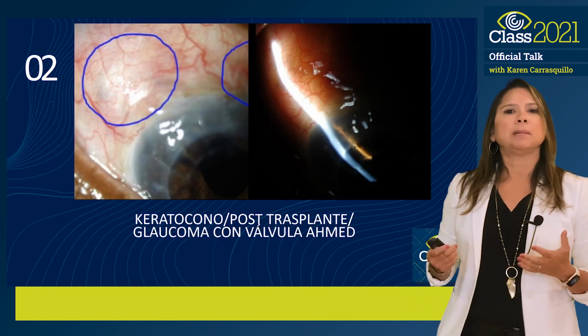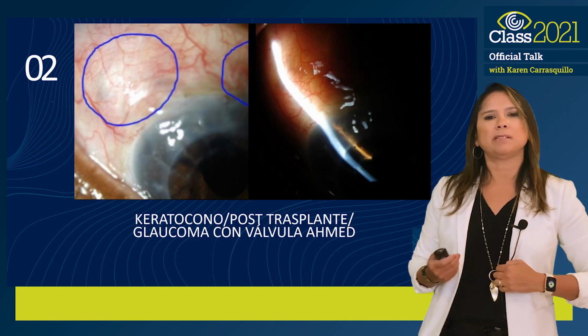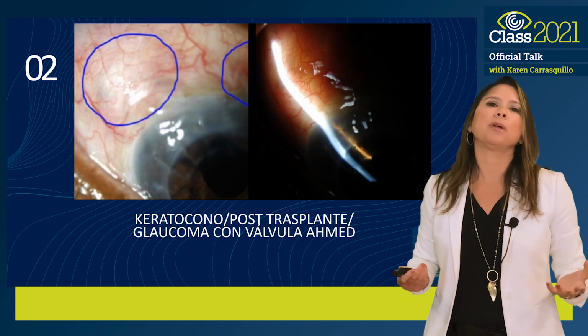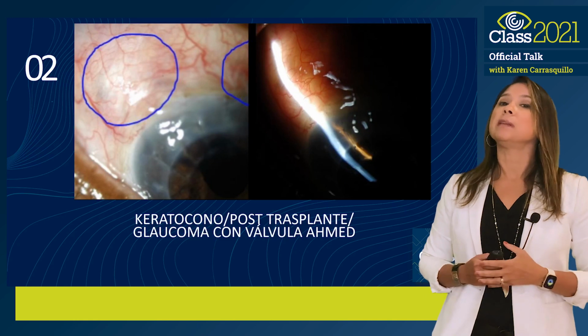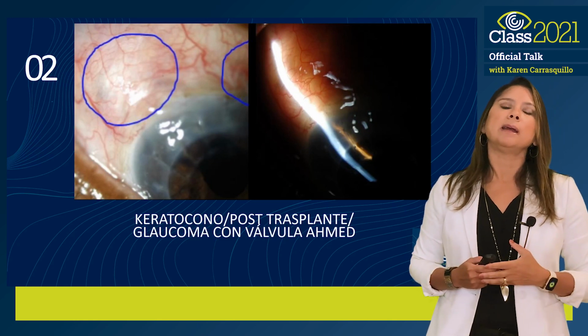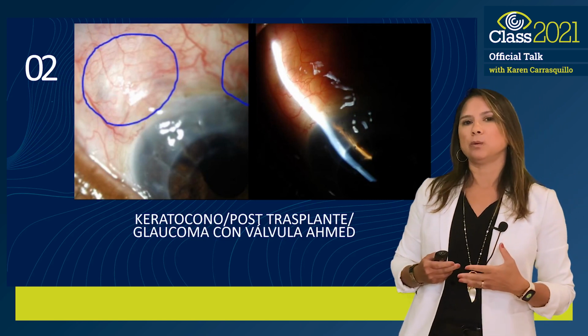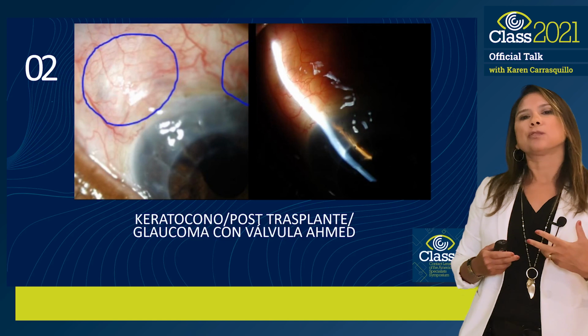This is a case of post-transplant keratoconus, who used the lens for many years in my clinic. He is a patient of mine. This patient also has a history of glaucoma and eventually required an Ahmed valve in order to adequately control intraocular pressure.